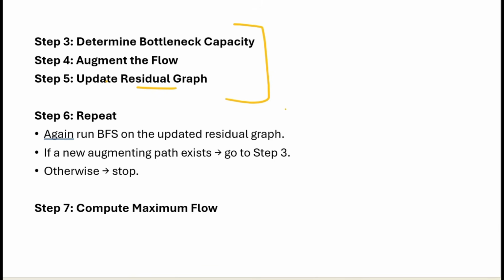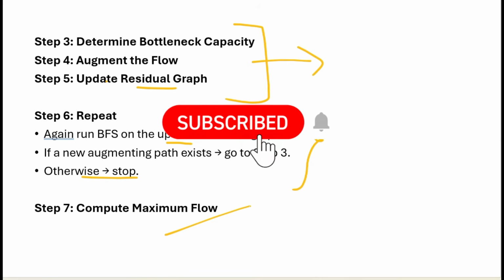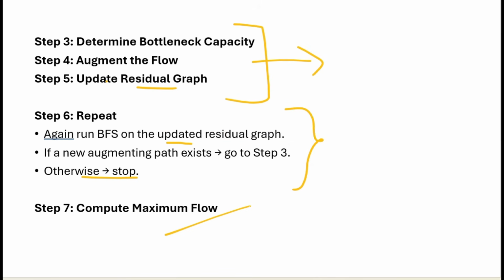Then repeat this procedure. If we find the next shortest path, perform all these steps again. If no augmenting path is available, stop the procedure. Compute the maximum flow by simply adding the minimum capacities of all the augmentation paths, and you get the maximum flow of the network.